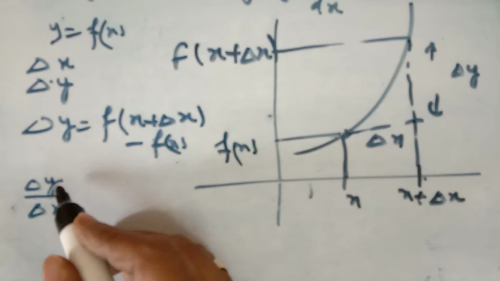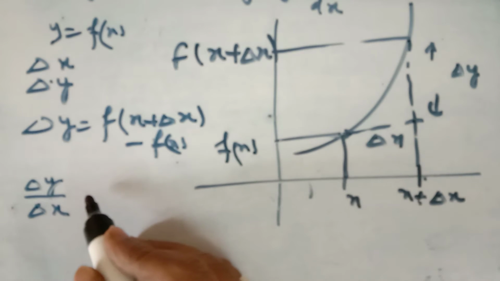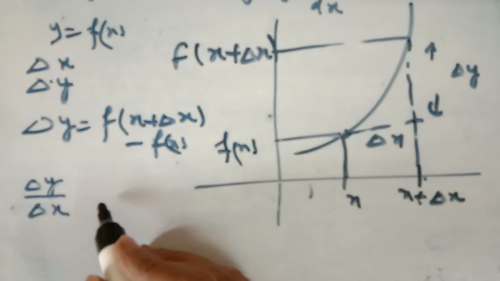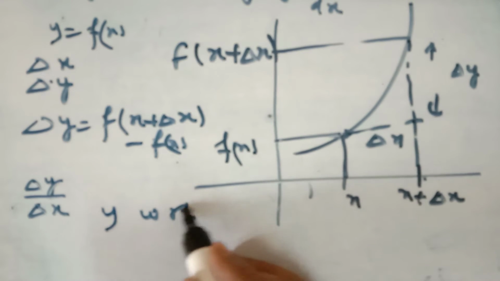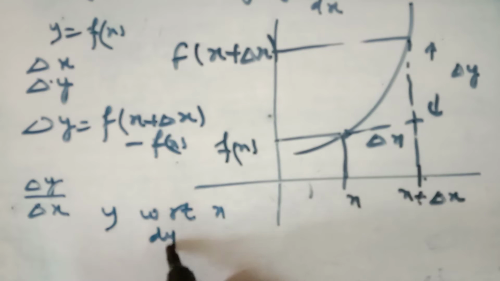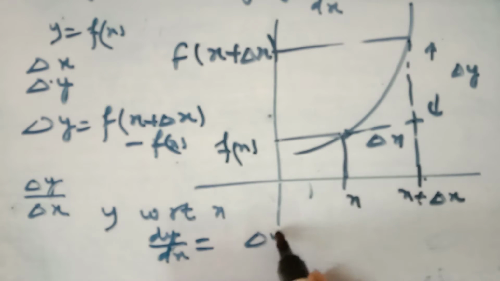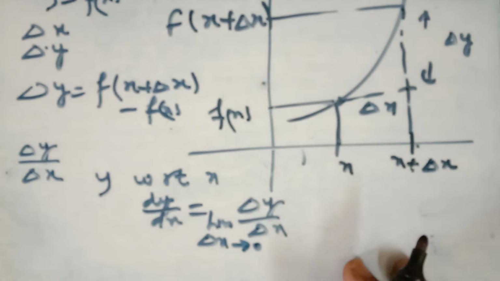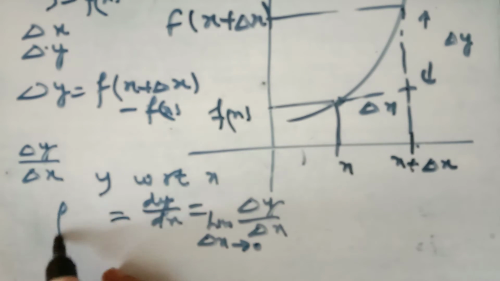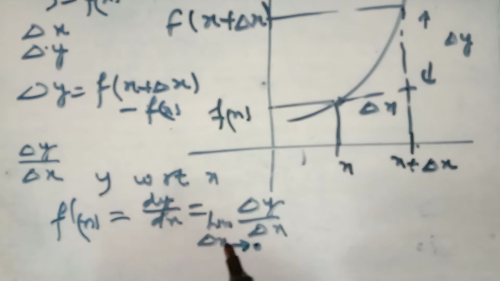The instantaneous rate of change of y with respect to x will be dy upon dx, which is equal to the limit of delta y upon delta x as delta x goes to 0, which will be f dash x also.